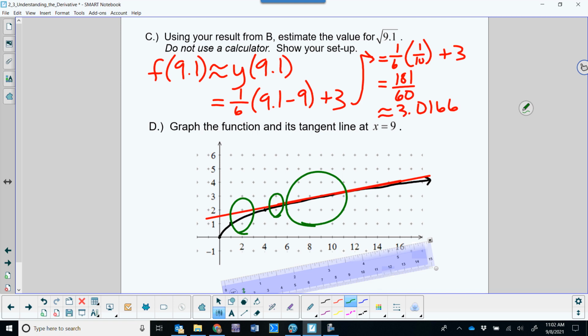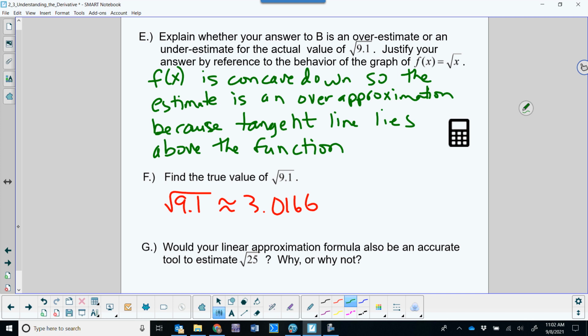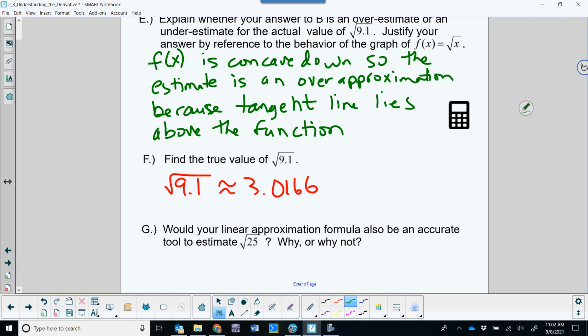Oh, and they actually asked for the square root of 25. So never mind, not even 5, the square root of 25. So 25 would be way over there. Your graph would still be coming down like this and your tangent line would be going up. So definitely at 25, this would not be a good approximation. It's too far away. That's all you have to say there: it would not be very accurate.